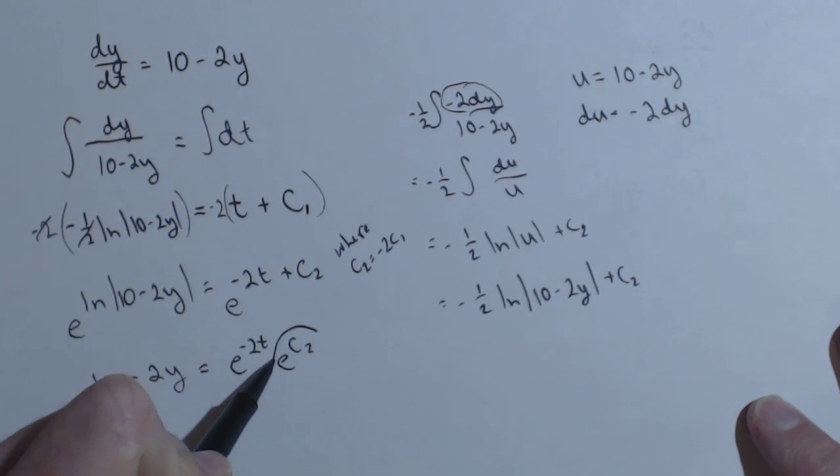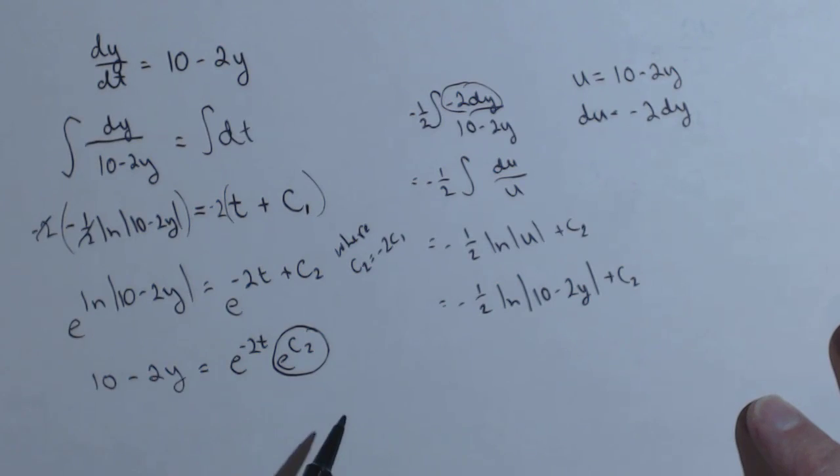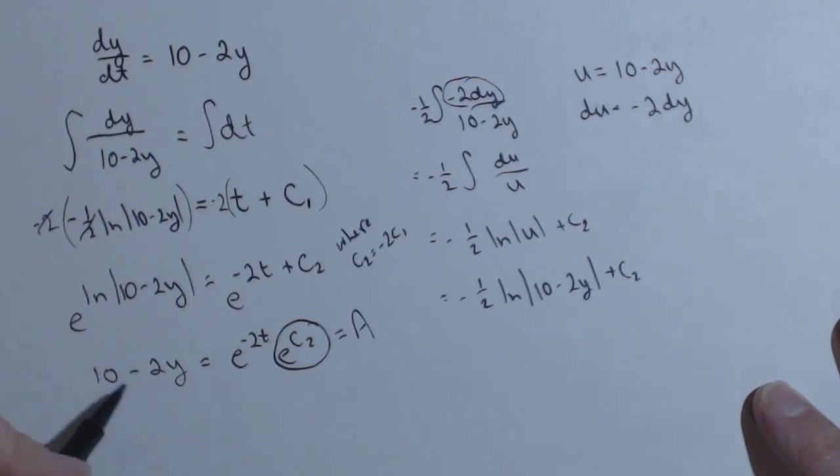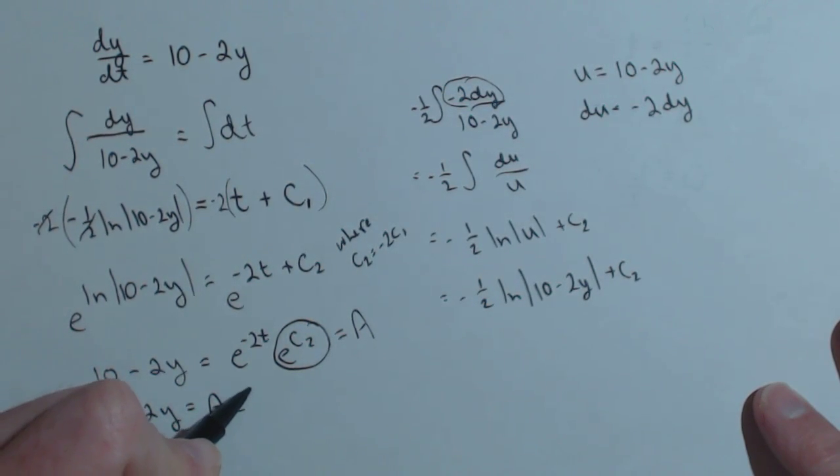And the thing about e to the c2, again, it's just a constant. So I'm going to absorb it into another constant. A lot of times you see people use a. Let's use a. So I get 10 minus 2y equals a e to the minus 2t.